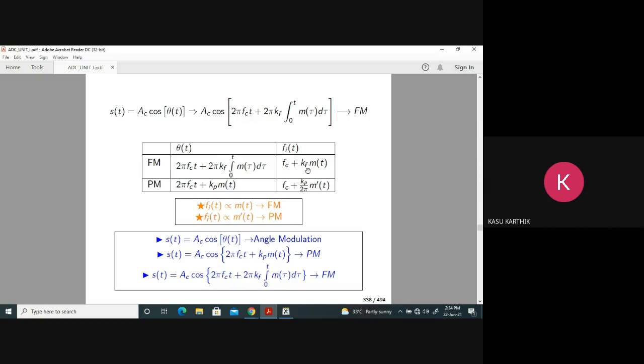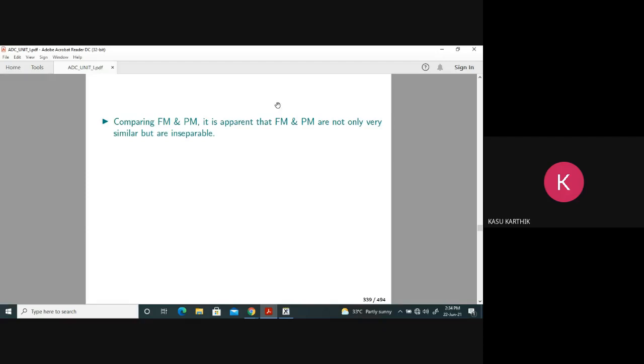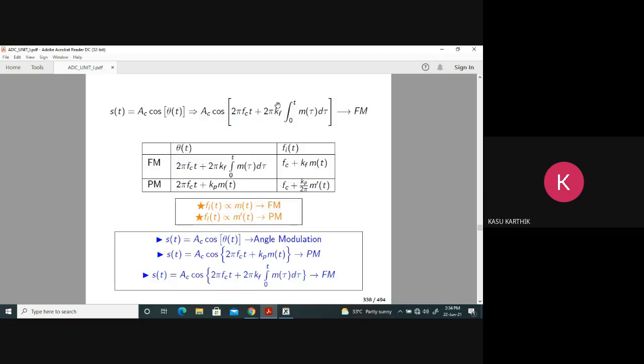Now, let us understand FM and PM clearly. FM and PM are very similar, but they are inseparable. What is the only difference they have?